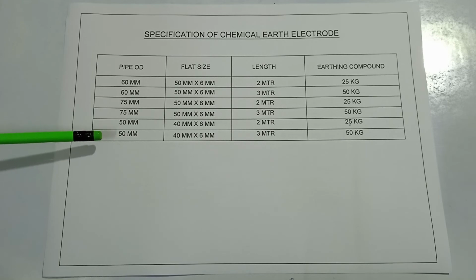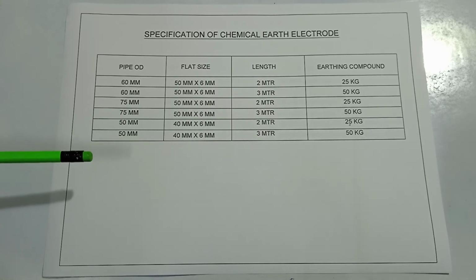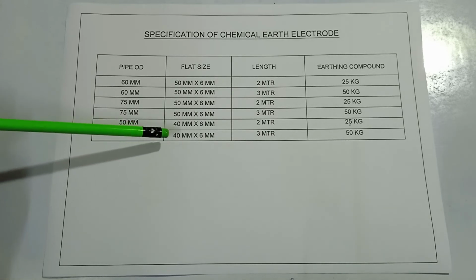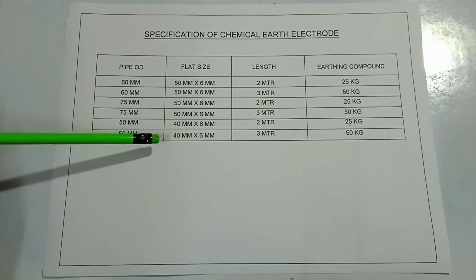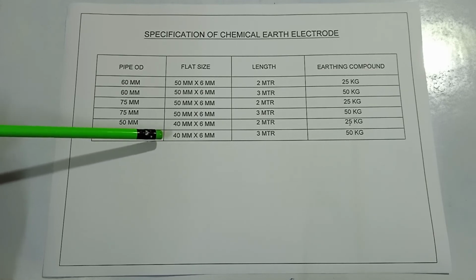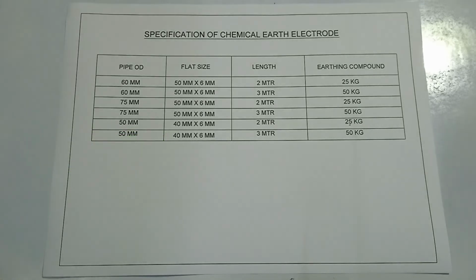And again, pipe outer diameter 50 mm, flat size 40 mm into 6 mm, length 3 meter, and earthing compound required 50 kg. Here flat means the part at the top of the earth electrode where the connection is done. This is called the flat. Okay, next.